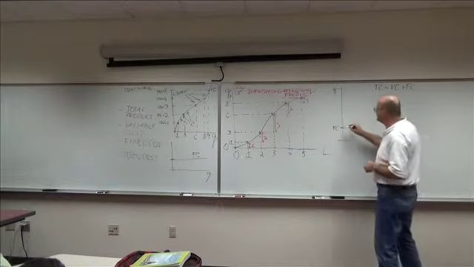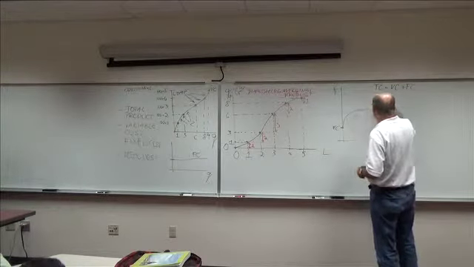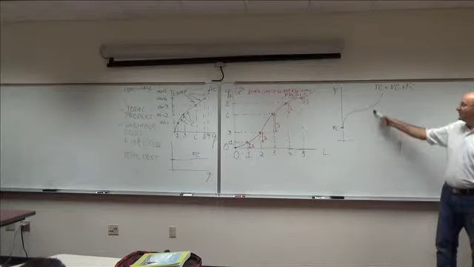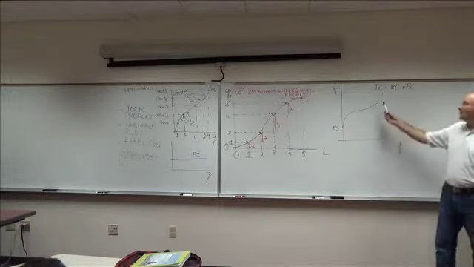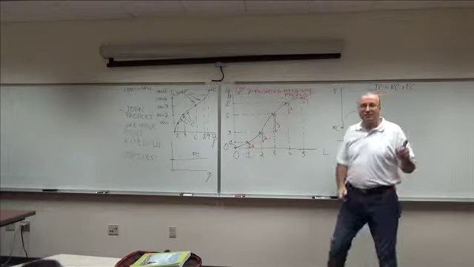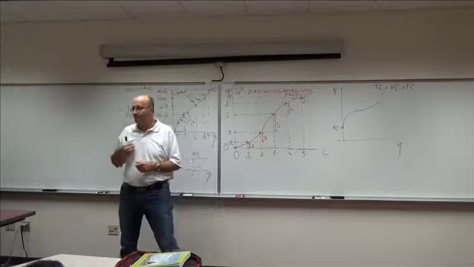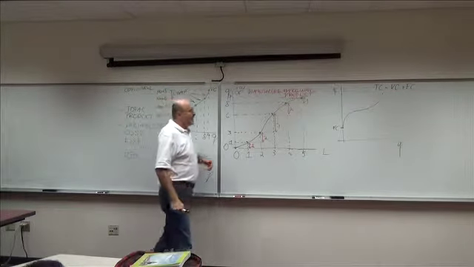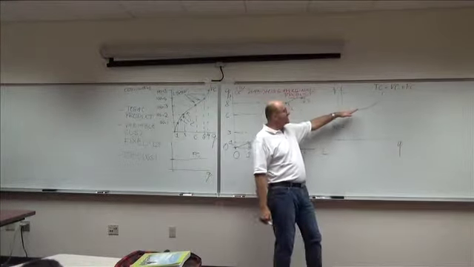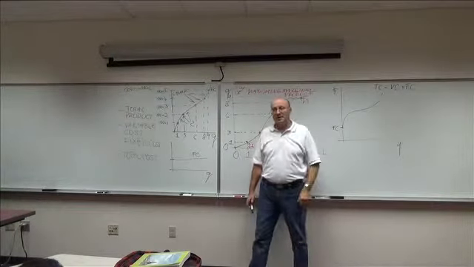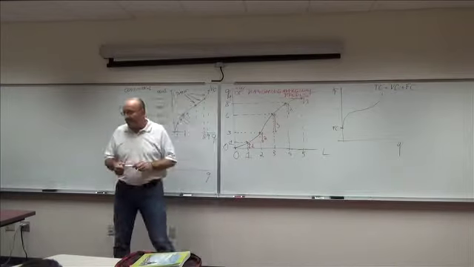That makes sense? What did we find, guys? Total cost. We found total cost. This is what total cost looks like in general. Okay? And the portion where your total cost is rising at an increasing rate reflects the law of diminishing marginal product. Does that make sense?